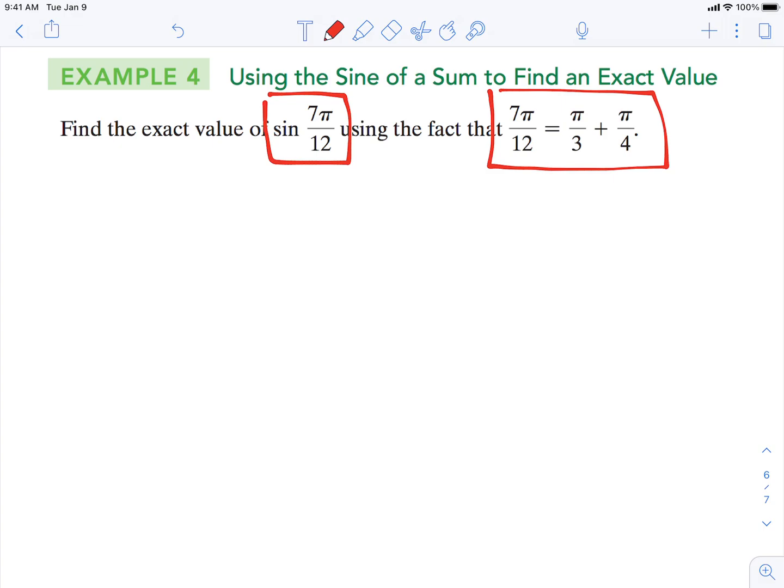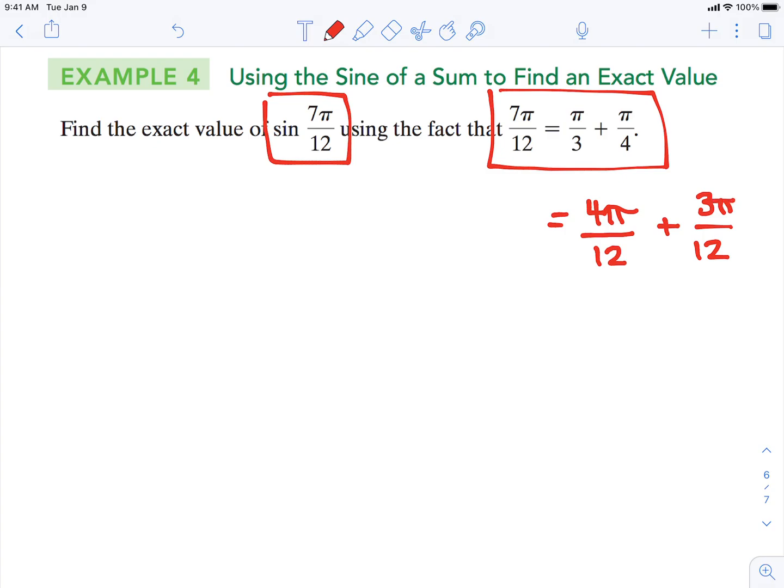Now I'm going to change that pi over 3 to a like denominator of 12 so that I can combine these two fractions together to show that there really are 7 pi over 12. So I'm going to multiply the numerator and the denominator by 4. Then do the same thing for the second fraction. I'm going to multiply the numerator and denominator by 3.